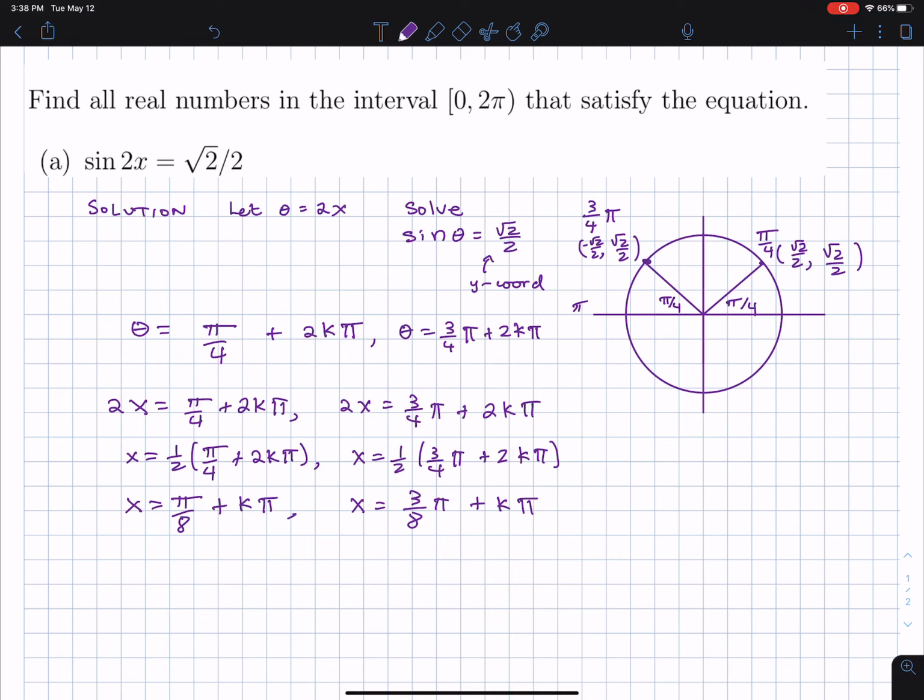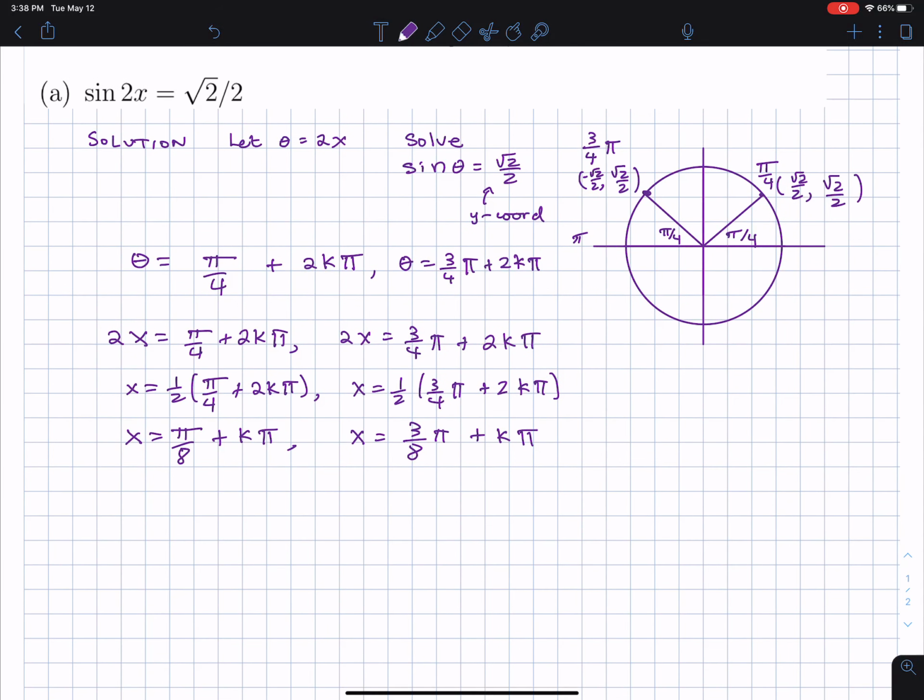The reason I had to do this plus 2k pi is because my answers are not just pi over 8 and 3/8 pi. Now k is in the set of integers. And in fact, why not go all the way out with math formulas, we write it like this.